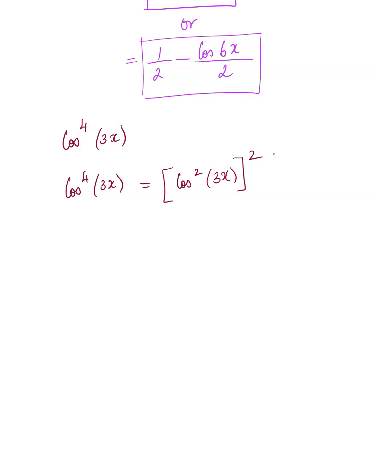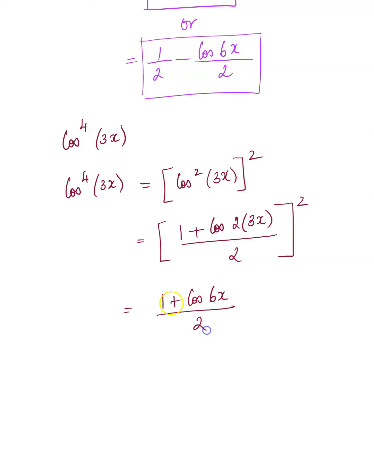Split the 4 as squared and power 2. The formula for cosine squared 3x is 1 plus cosine 2 times 3x over 2, and that has to be squared. So that will be 1 plus cosine 6x over 2, being squared. So multiply twice and FOIL it.